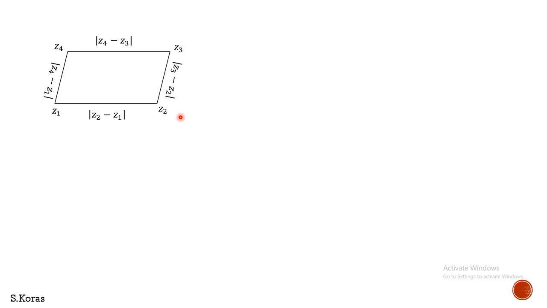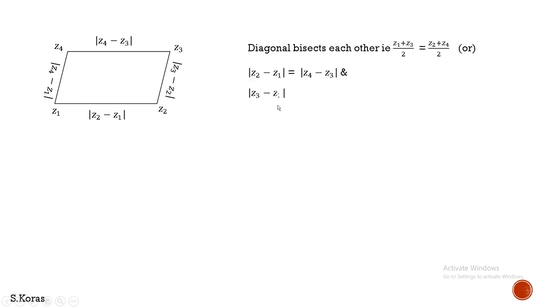So to prove a parallelogram, it is enough for you to prove the midpoints of the 2 diagonals are the same, like this. Or you can find the distances or the side lengths and you can prove like this. It is enough to prove this as a parallelogram.